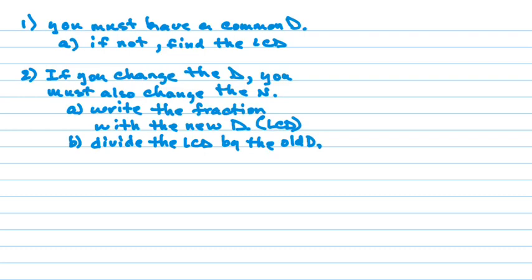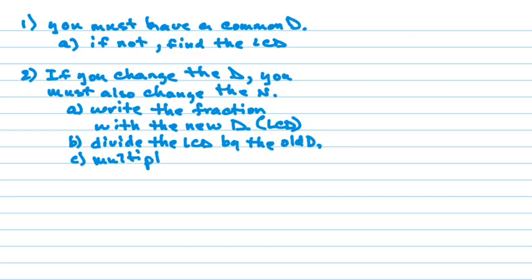Okay? Because what we're doing is we're trying to find the missing factor. And to find factors, you use division, right? So we're dividing the LCD by the old denominator. Because the LCD, even though it says least, is going to be bigger than what you originally started with, right? Because it has to include or encompass more things.